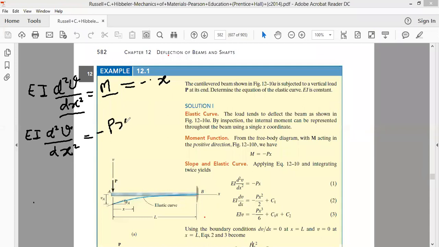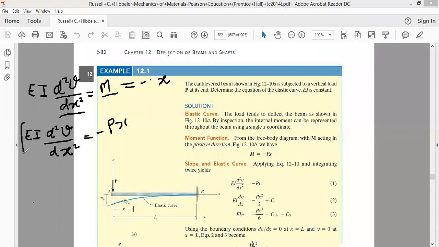Okay. We can do cross multiplication and perform integration. Since we have to find the deflection, we have to integrate this equation.